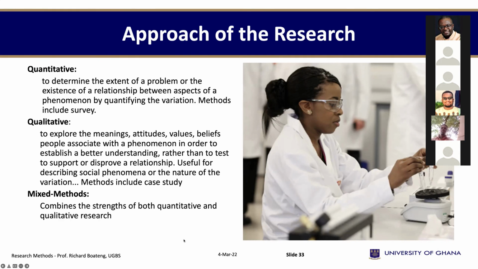So, looking at the difference: quantitative studies seek to determine the extent of a problem or the existence or relation between aspects of a phenomenon by quantifying the variation. Number two, qualitative seeks to explore the meanings, attitudes and values people bring or associate with a phenomenon, and to better understand it, rather than to test, support or disprove a relationship, which quantitative does. Quantitative would like to quantify variation and to test, support and disprove a relationship.